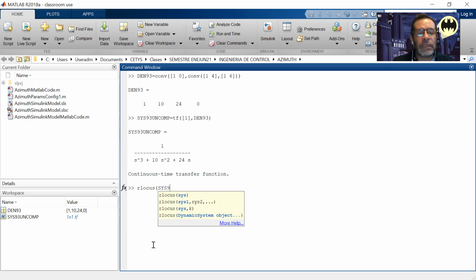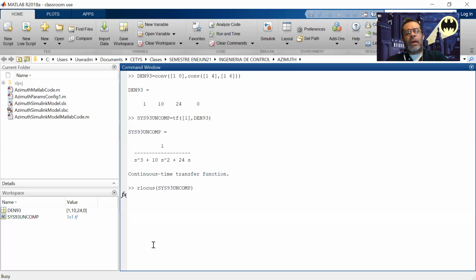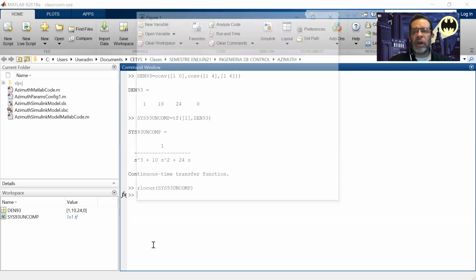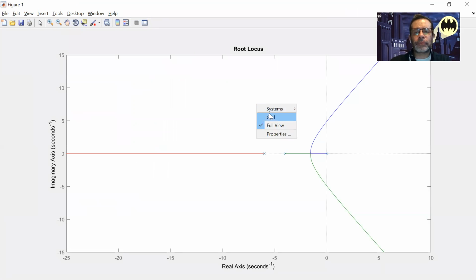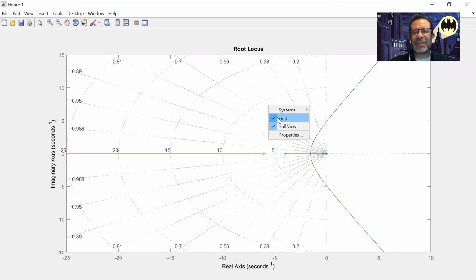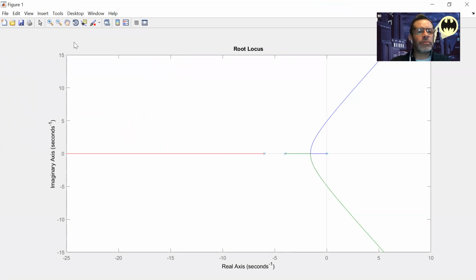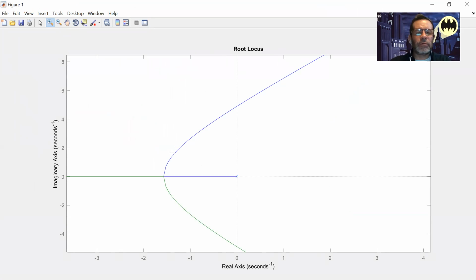So it's going to be sys93 uncomp, and we want an overshoot that's less than 16%. I'm just going to do a zoom here. So if we look at the root locus, and I've already got this solved, but we can just look around here. If I want a 16% or less value, we're around here.